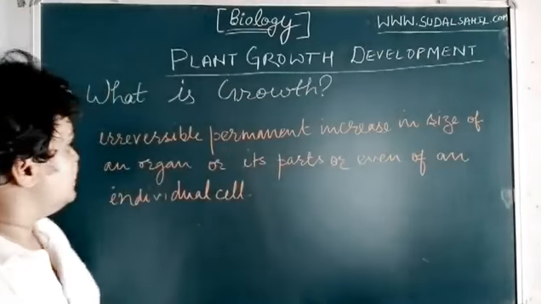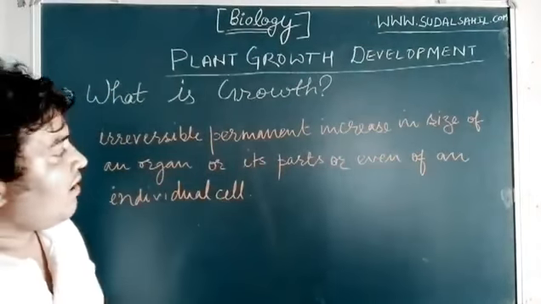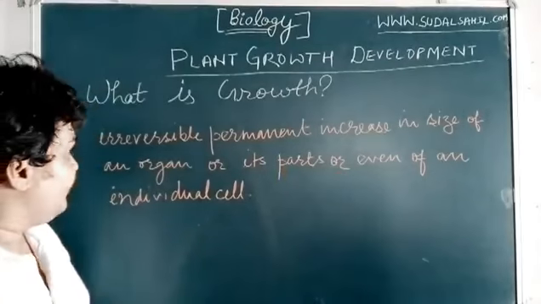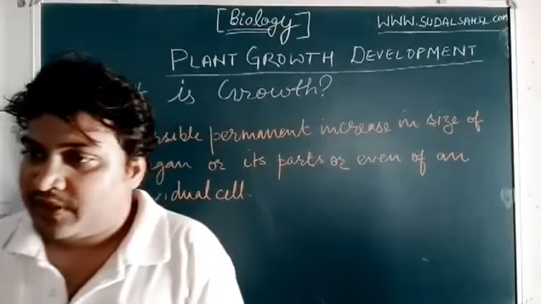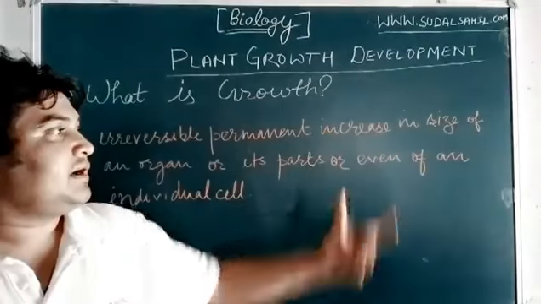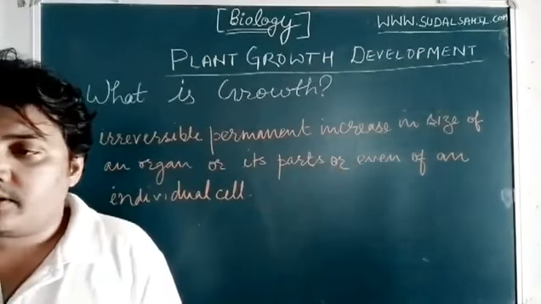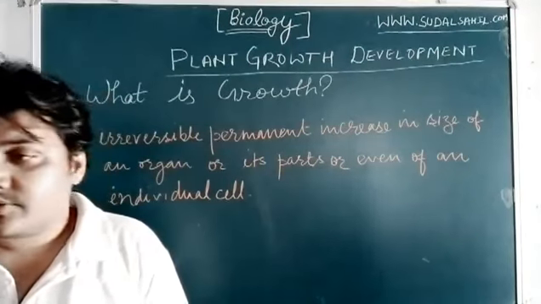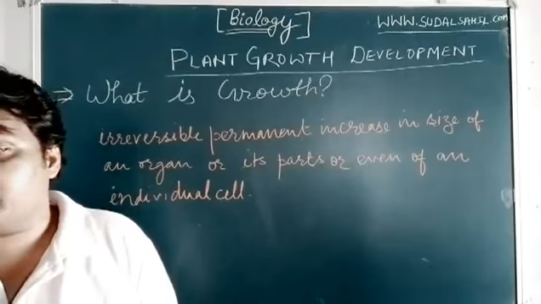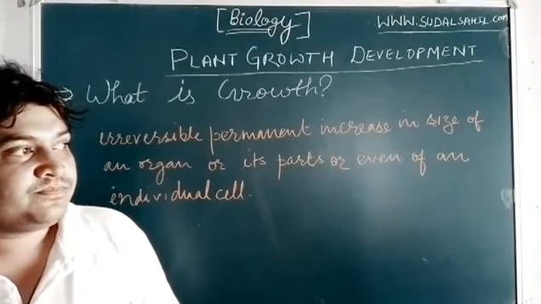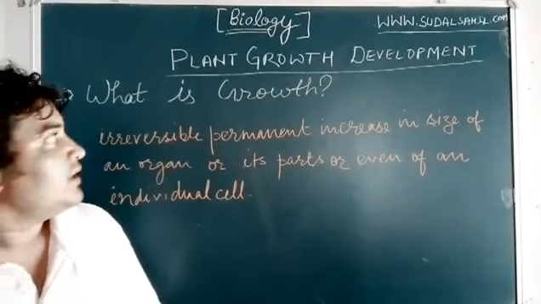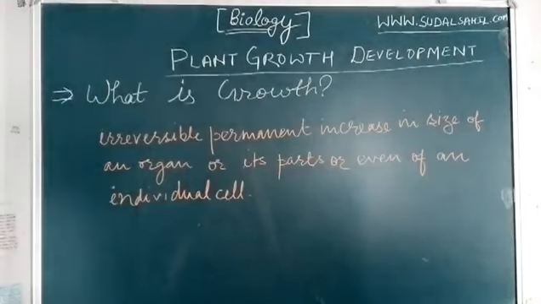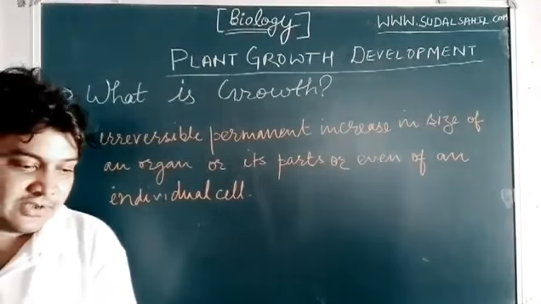And increase in size of an organ or its part or even of an individual cell. But increase in this definition is somewhere not correct, because sometimes there is no increase but still there is growth. Okay, and we will discuss something more about plant growth and development in our next lecture.